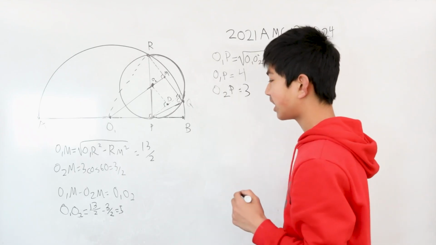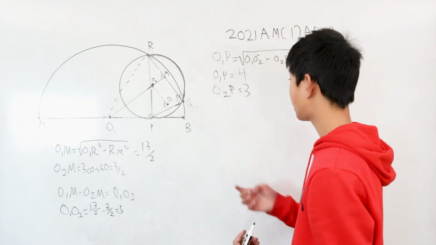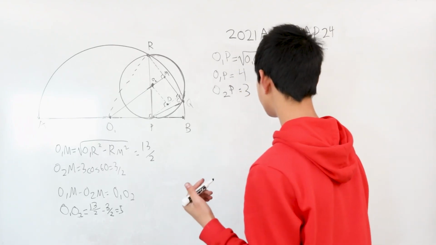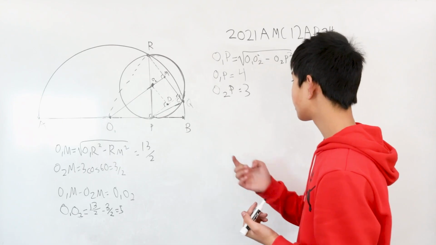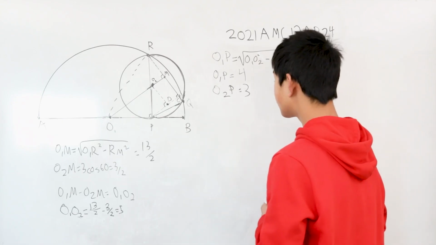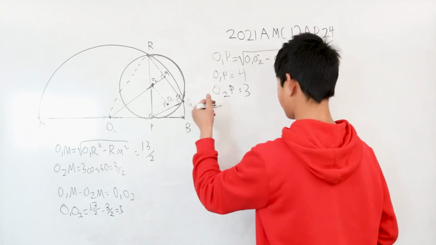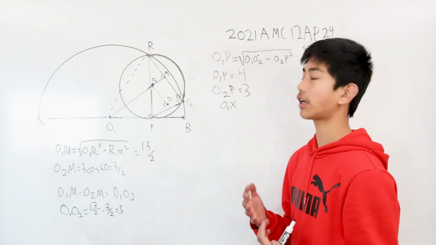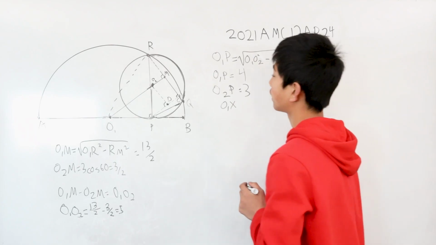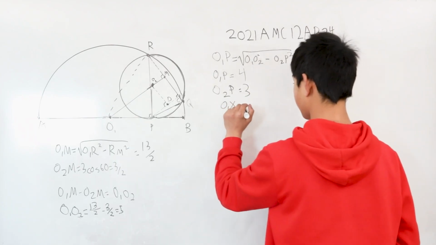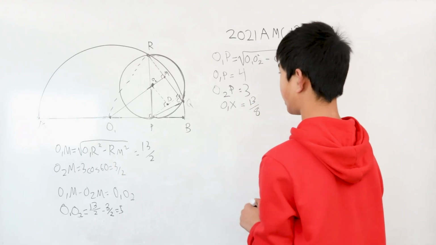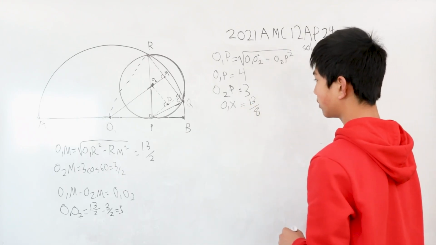So we can now incorporate another variable x into this equation, where, let's see here, we want to find the length O1x for x on this plane. This is 13/8. And why is it 13/8?